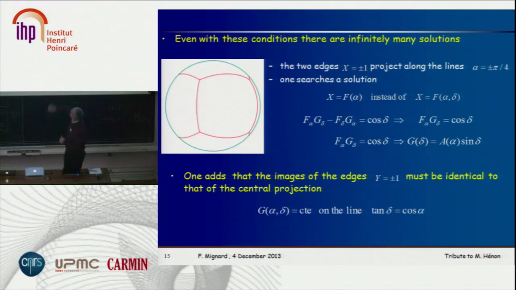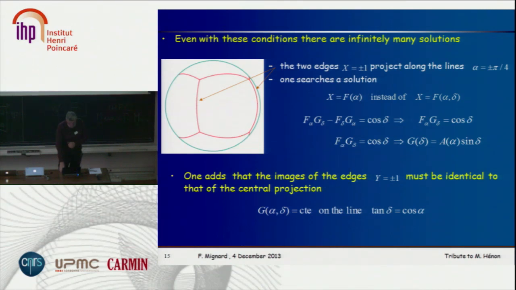Then you take the area preserving condition, which gives a differential equation, which can be solved. We also add that the image of the upper edge must be identical to that of the central projection, which means the function g is constant at plus or minus pi over 4 on the particular great circle.